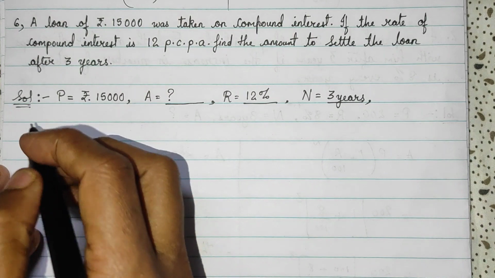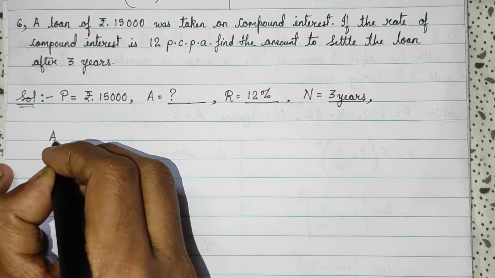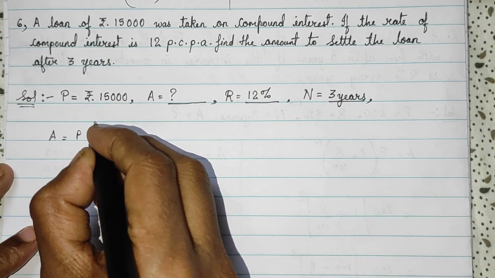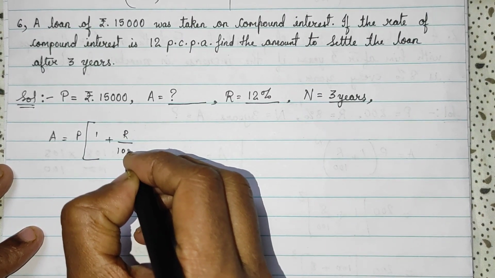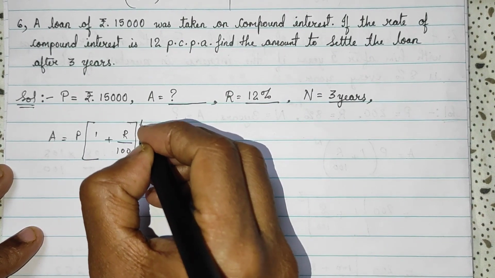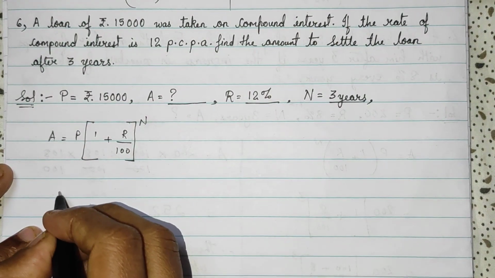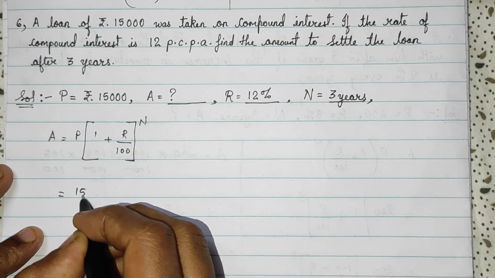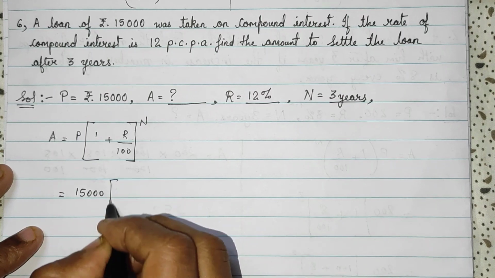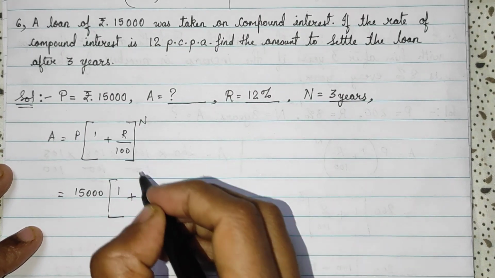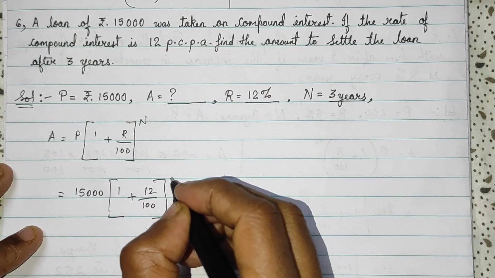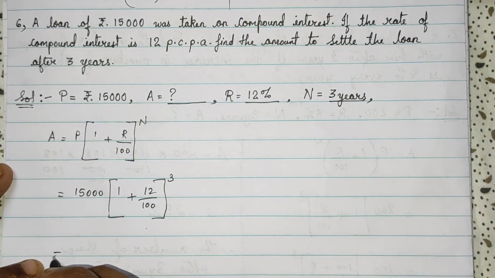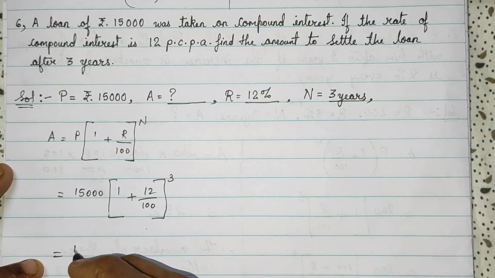So the amount formula is amount equals principal into 1 plus r upon 100 raised to n. So that means principal 15,000, 1 plus r is 12 upon 100 raised to 3. So we have to do rationalizing over here.